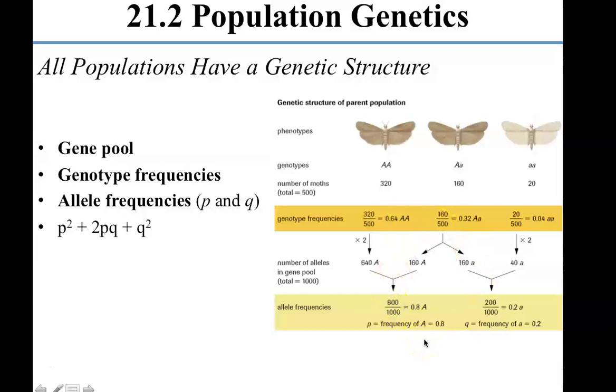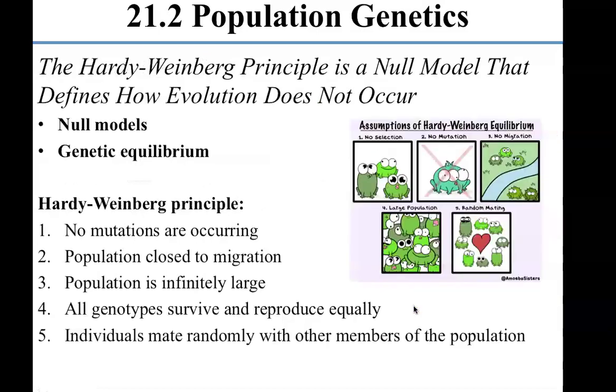They would remain the same if evolution isn't happening. However, if evolution is happening, then the genotype frequencies would change and the allele frequencies would change, and we would say this population is not in genetic equilibrium, and therefore Hardy-Weinberg is being violated and the population is evolving.